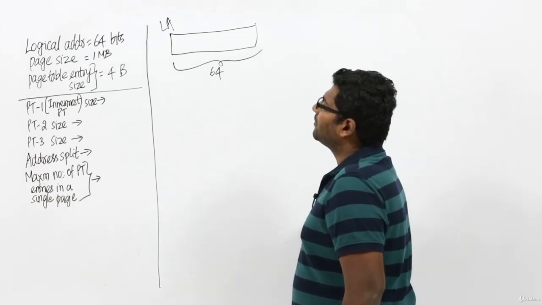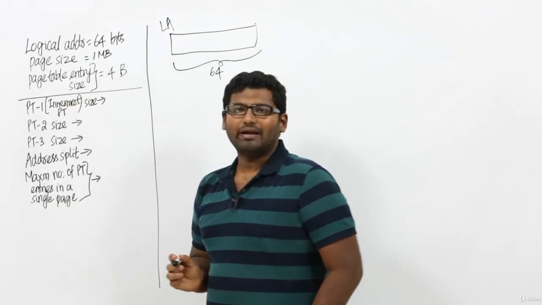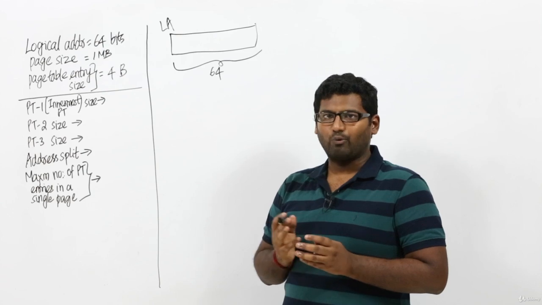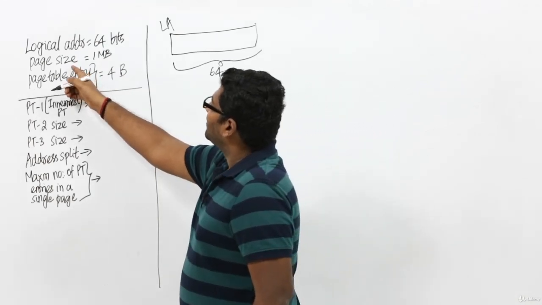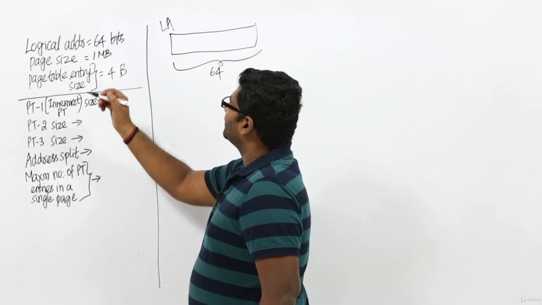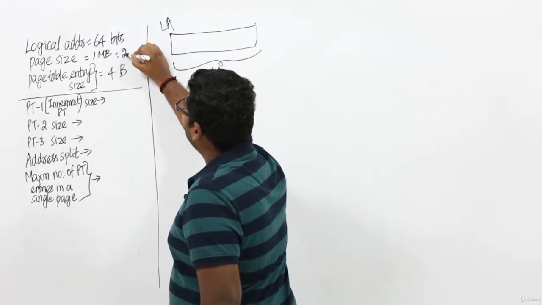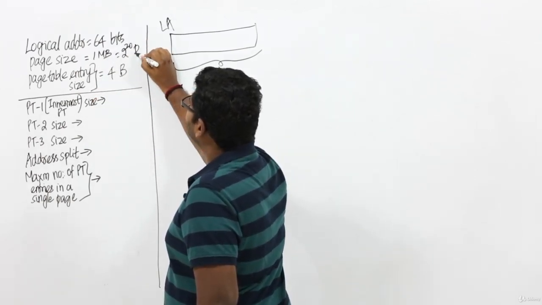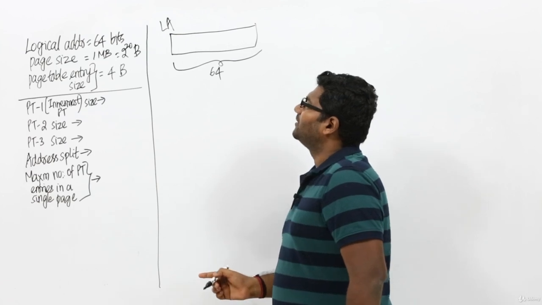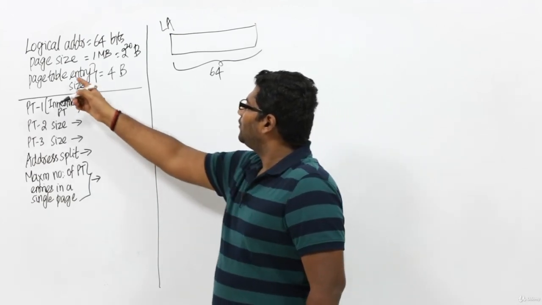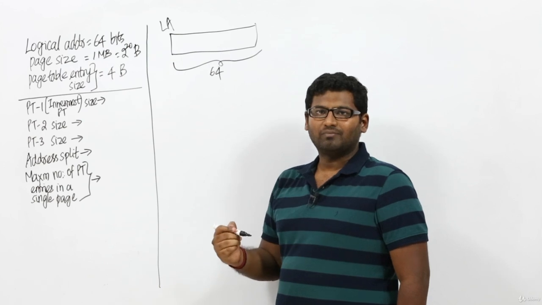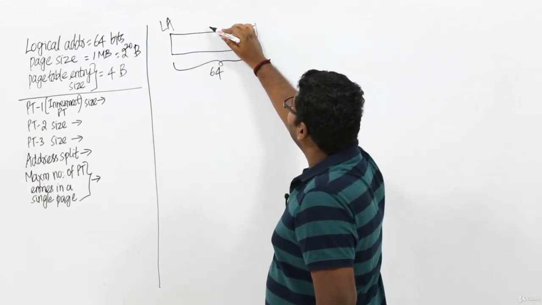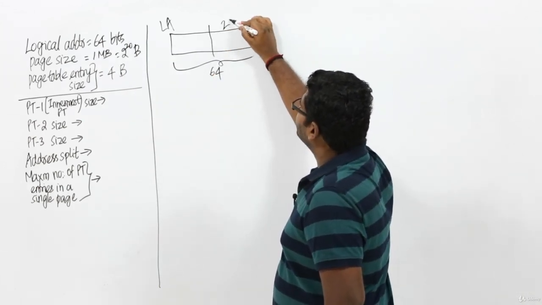Again, I am assuming that it is a byte addressable system, as always. They have given that page size equals 1 MB. I can write this as 2 power 20 bytes. Now if page size equals 2 power 20 bytes, and it is a byte addressable system, then the page offset field will have 20 bits.